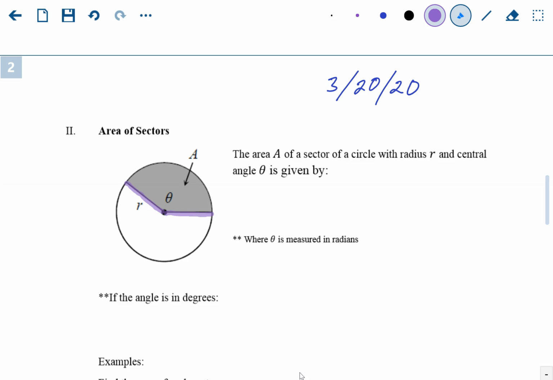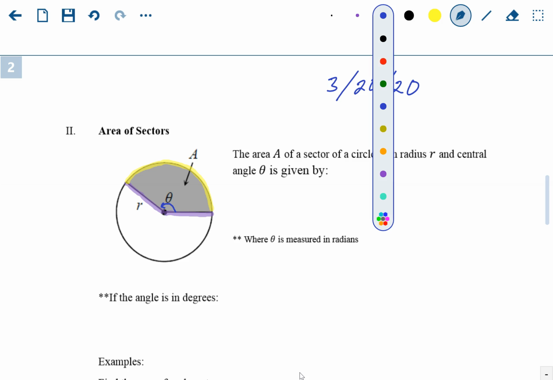And you have the central angle, theta, which from standard position goes from the x-axis to wherever it ends. Okay. And we're trying to find the area between the two radii and the pizza crust, which yesterday we measured as S for arc length.